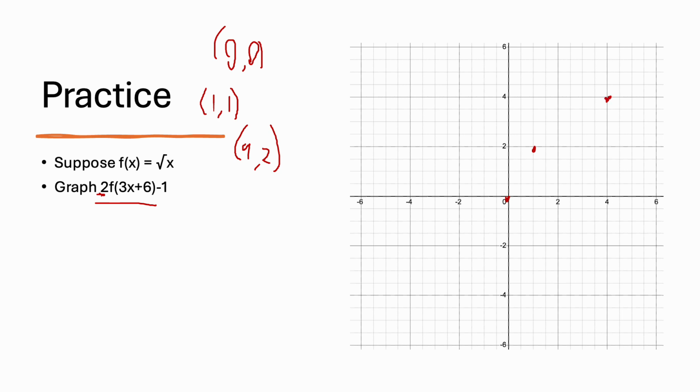Now let's switch over to a yellow, and we can subtract 1 from all the y values for our next step. And you don't really have to do these in any specific order. I'm just doing these in this order because I like it. But we have, so 0, 0 becomes 0, negative 1. 1, 2 becomes 1, 1 again. And 4, 4 is going to become 4, 3.